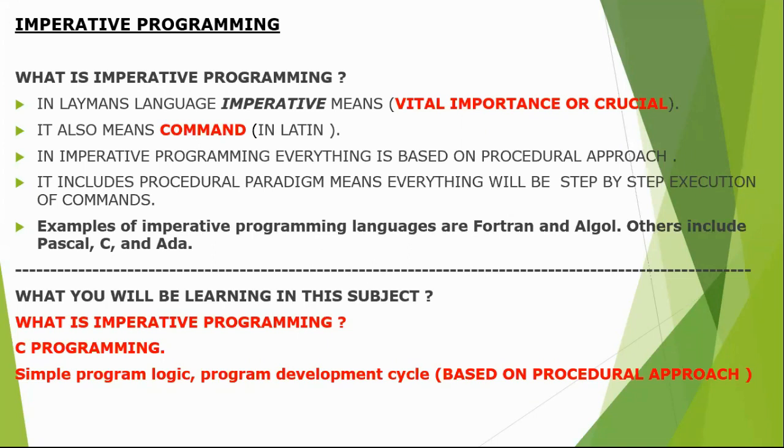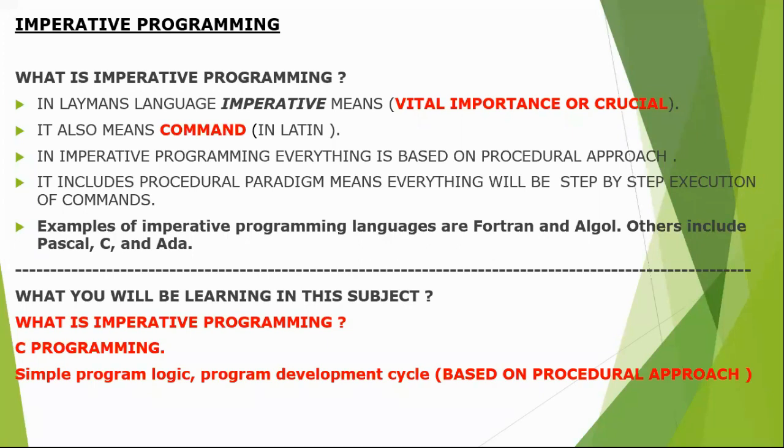C programming was developed by Dennis Ritchie at Bell Laboratories in the early 1970s. So in C programming, you will learn simple program logic, how to build a logic, how to perform an algorithm, how to develop pseudocode, and after that, very importantly, how to construct your program in C. So the program development life cycle will obviously be based on a procedural approach, as we have discussed.